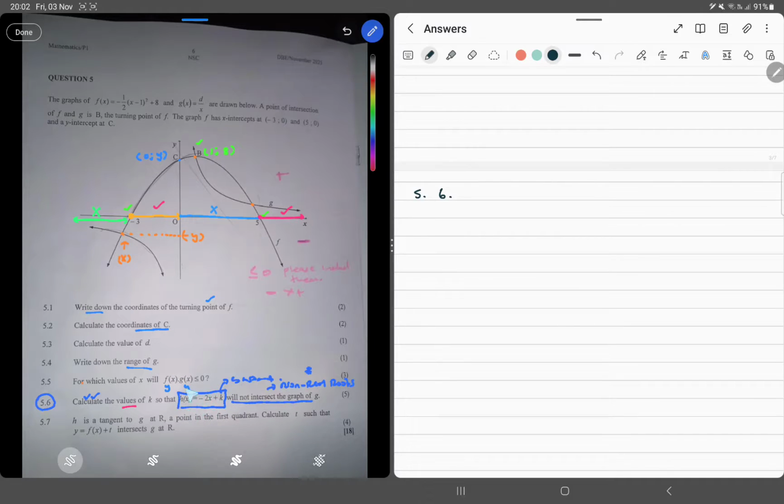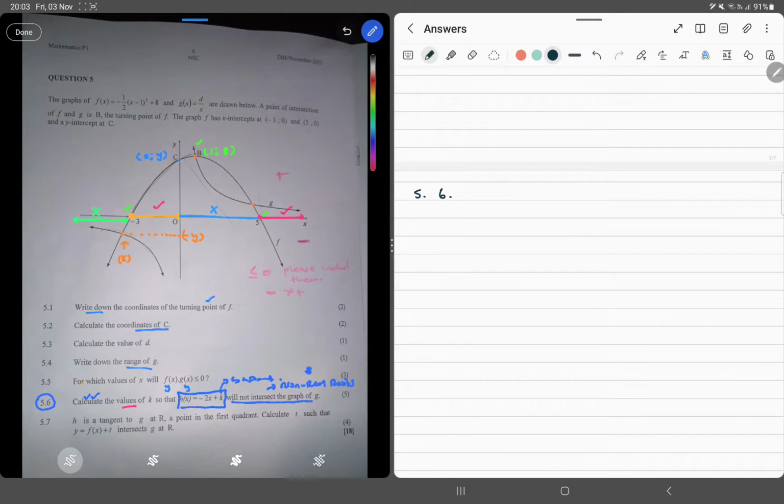This is a totally different function that has nothing to do with this. But we are saying, when will this particular function, as unrelated to this as it may be, not intersect this graph? Because it is any graph for that matter, and it could easily intersect the graph of g. So when will it not touch the graph of g? We're saying for non-real roots.